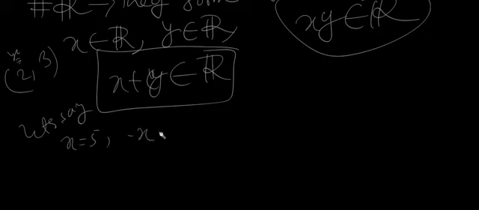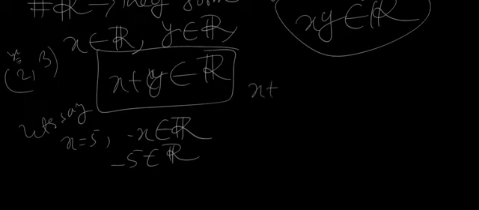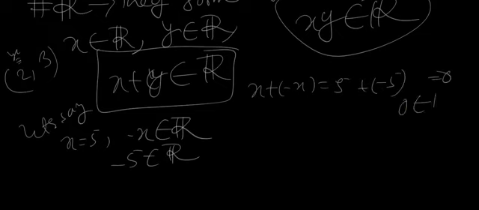So minus x also belongs to the real numbers, by our definitions. We can see that minus 5 actually belongs to the real numbers. So, using this, x plus minus x, that is 5 plus minus 5, is 0. So 0 belongs to the real numbers as well.